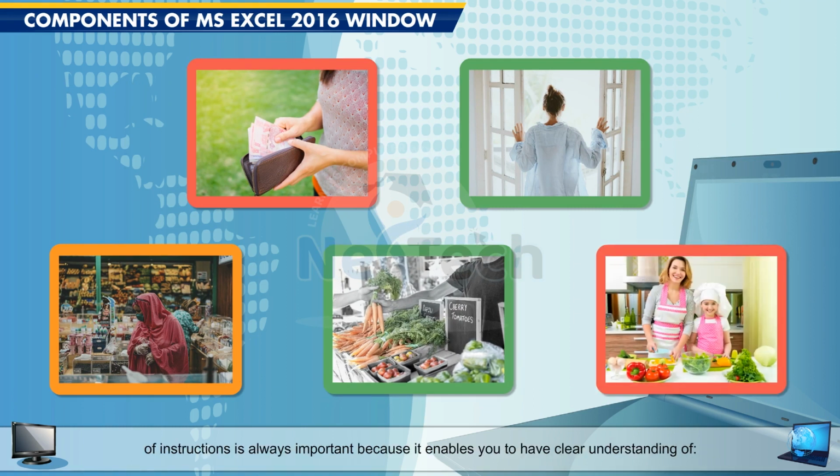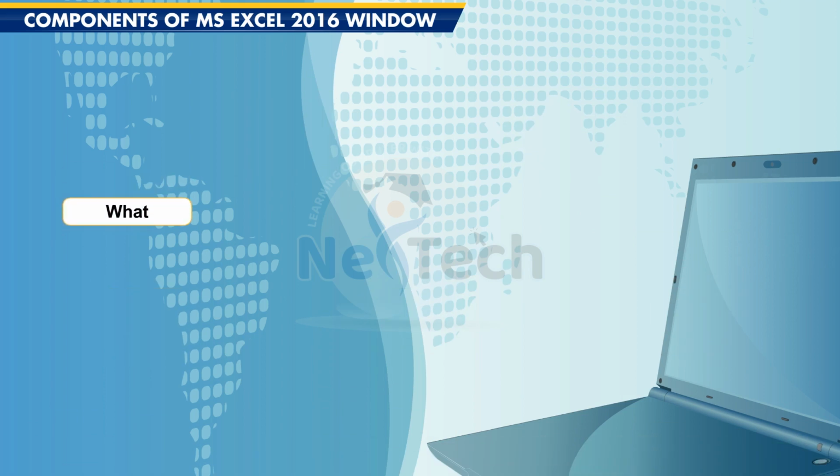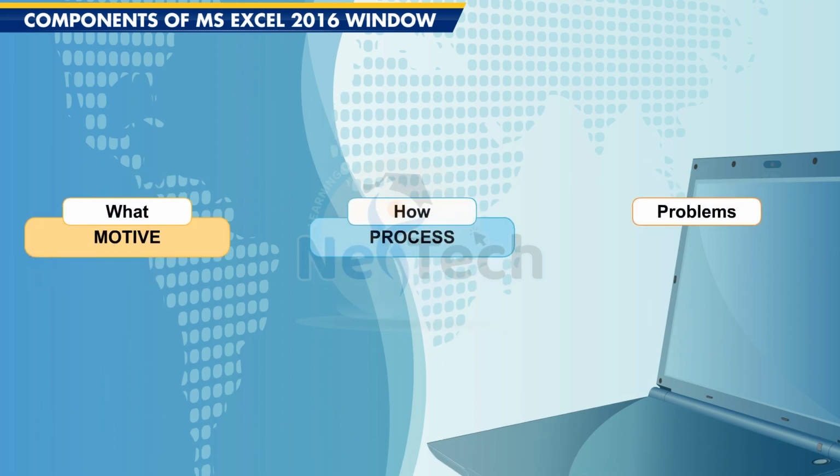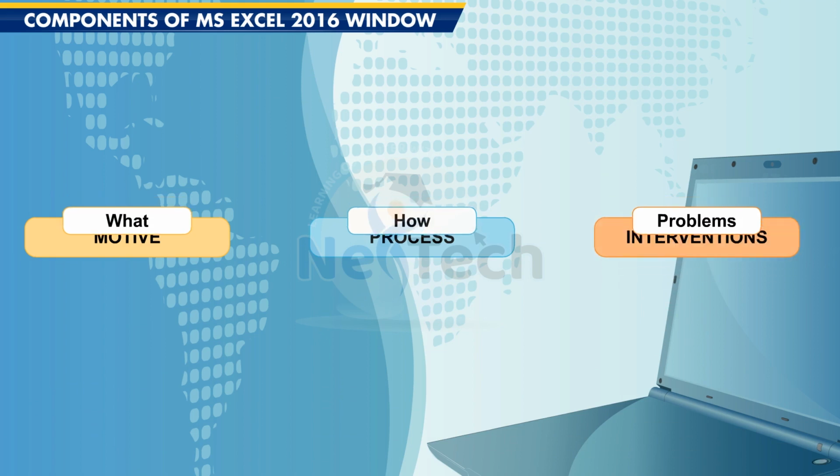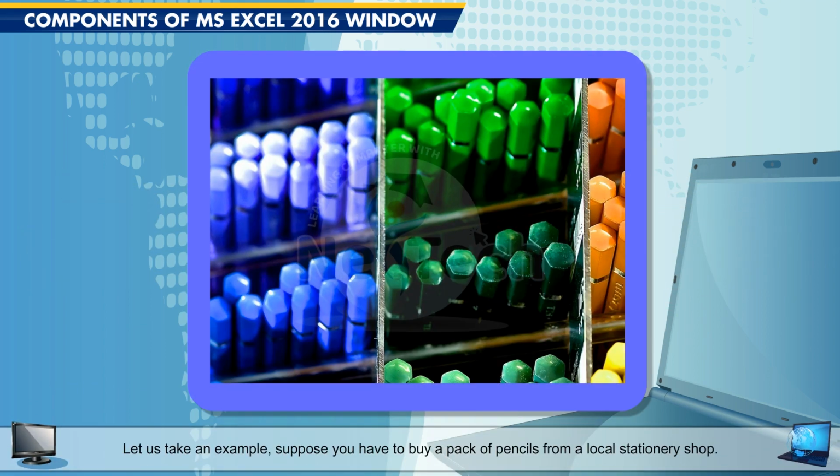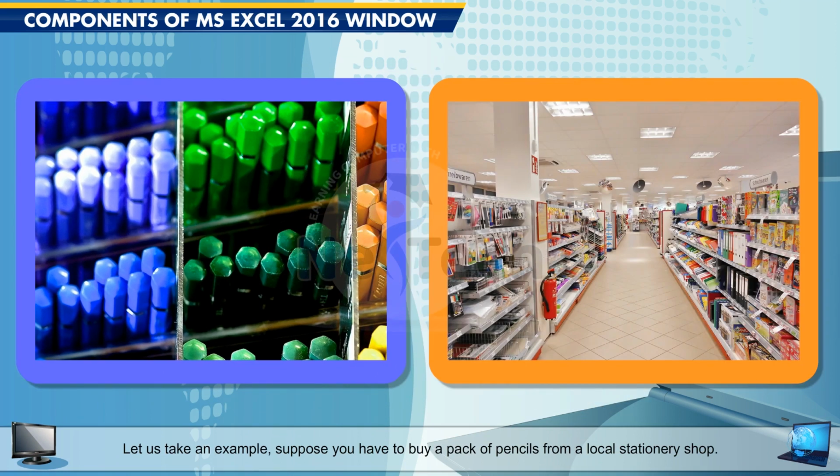Giving a detailed set of instructions is always important because it enables you to have a clear understanding of what, motive, how, process, problems, interventions. Let us take an example. Suppose you have to buy a pack of pencils from a local stationery shop. Here are the instructions.